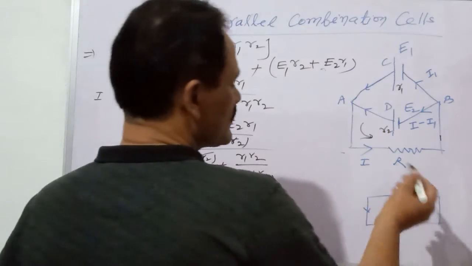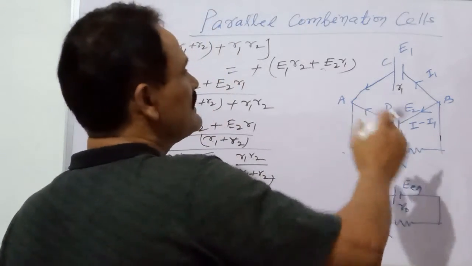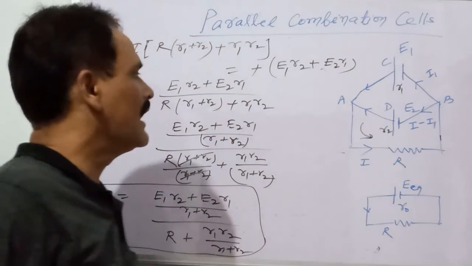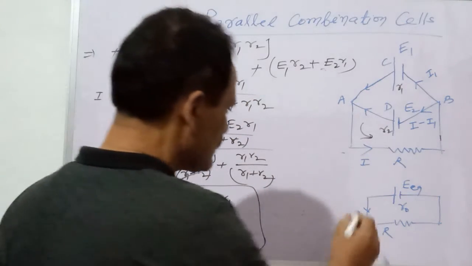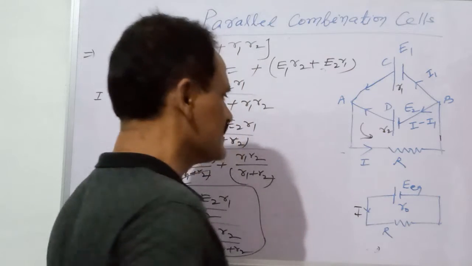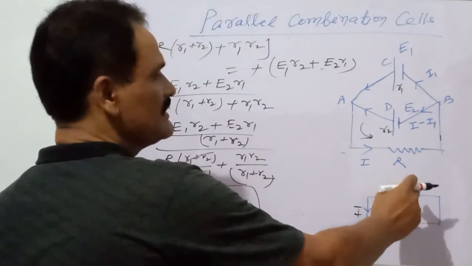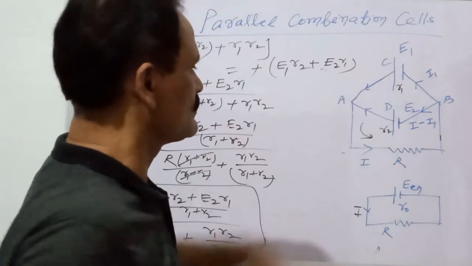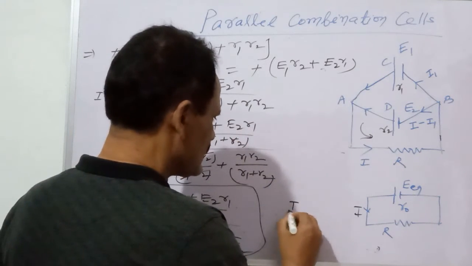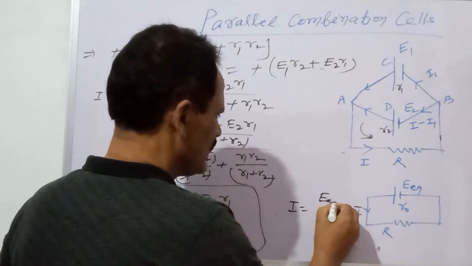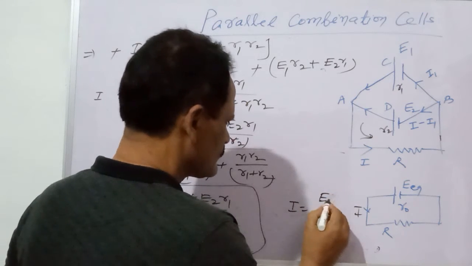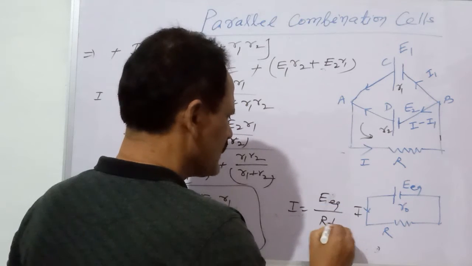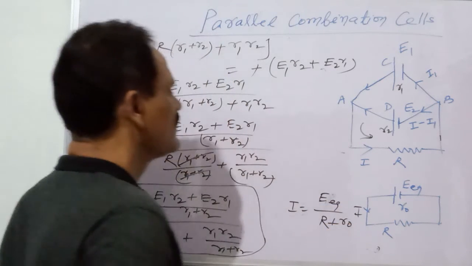Now suppose we replace the two cells by a single cell, and it will provide the same current I to the same resistance, then this EMF will be known as the equivalent EMF of these two cells, and in this case we can say that I is equal to E equivalent divided by R plus R naught.